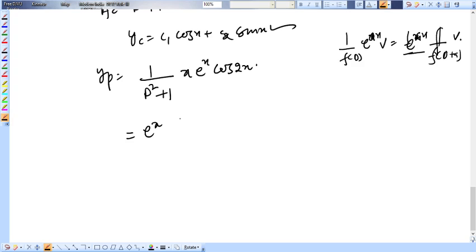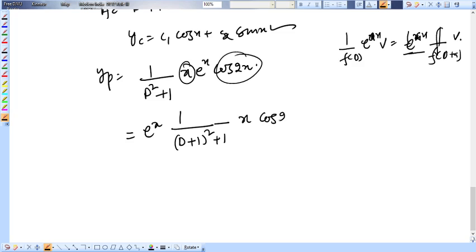So D would be replaced by (D plus 1) whole square plus 1. And inside you will be having x into cos 2x by rule 4.